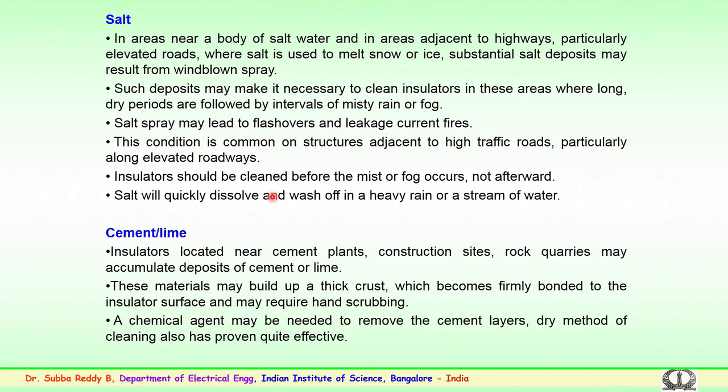In the case of salts, these transmission lines or substations could be near the sea coast or a body of salt water, or in areas adjacent to highways, particularly elevated roads where salt is used to melt snow or ice.